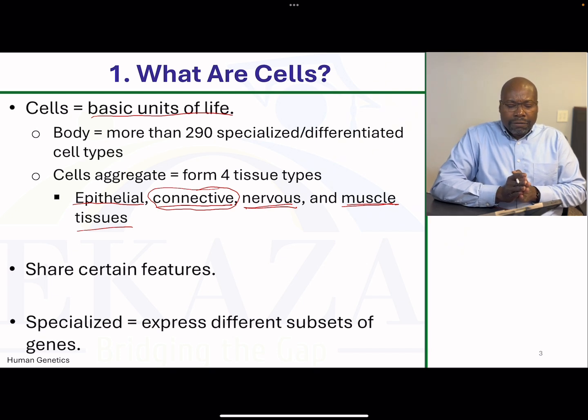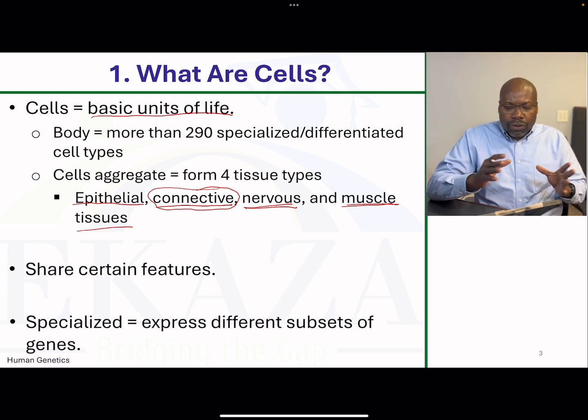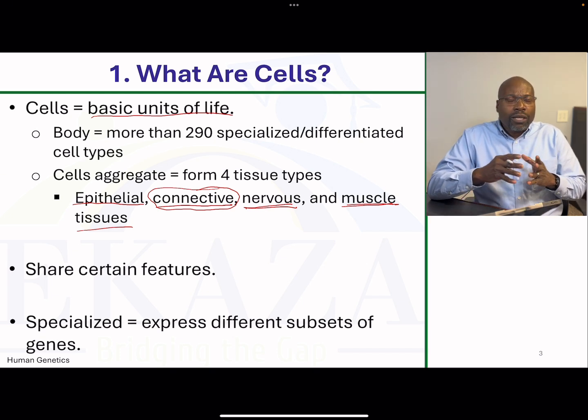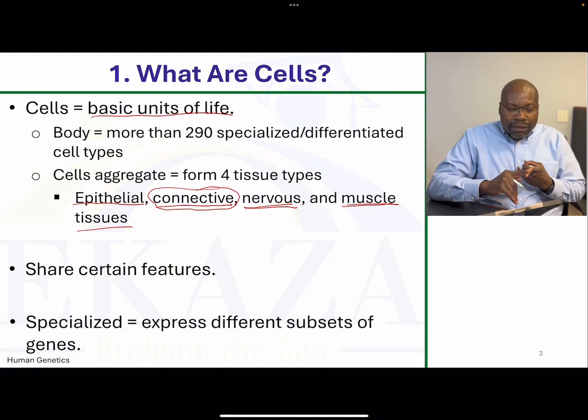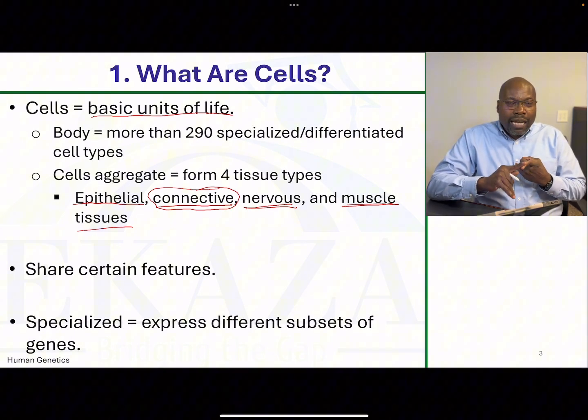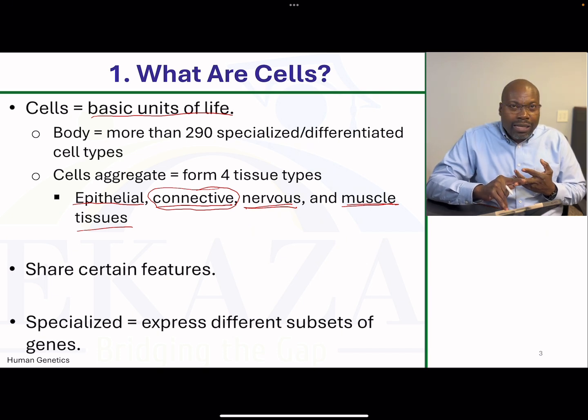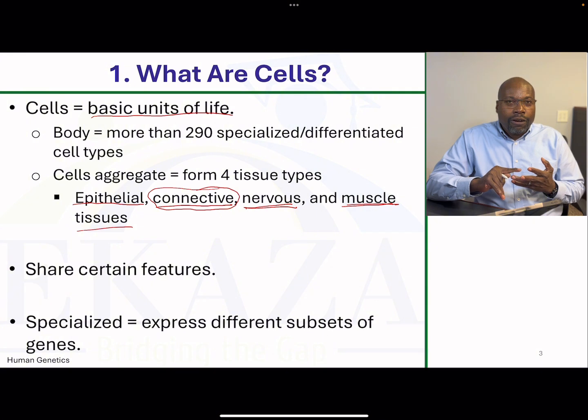As we have different tissues made up of specialized cells, for instance, epithelial cells are not the same cells that you're going to find in connective tissues, that are not the same kind of cells you will find in nervous tissue, that are not the same cells that you will find in muscle tissue.